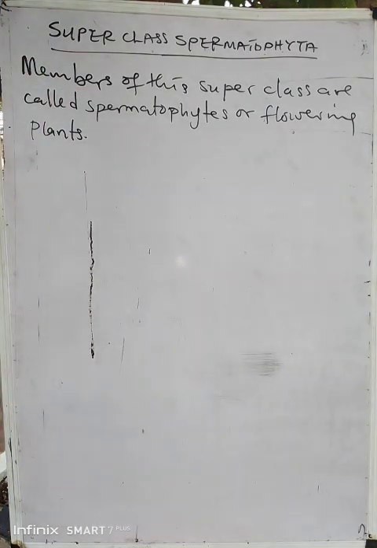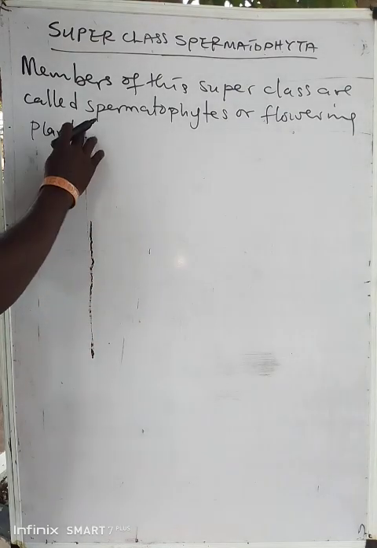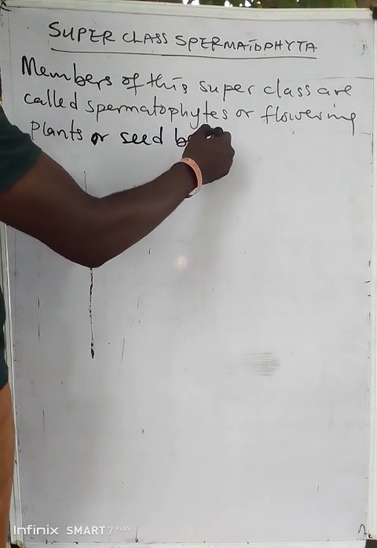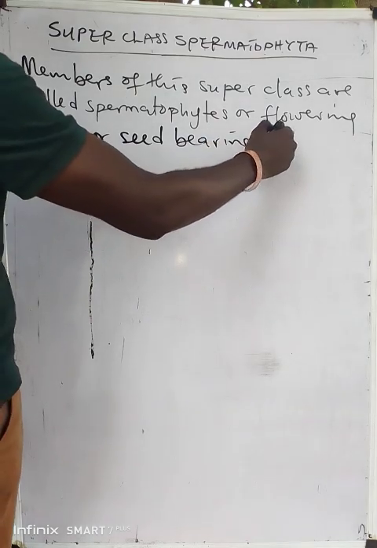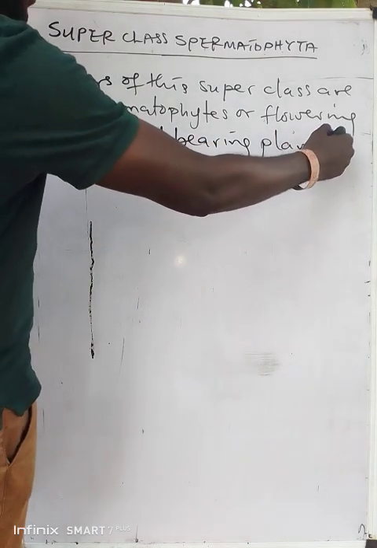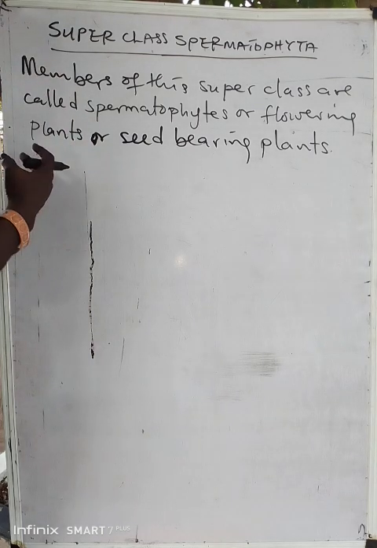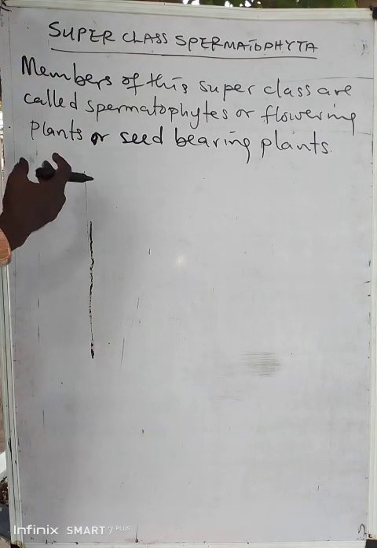Plants that reproduce sexually using their flower. They carry out pollination, and their pollen grains fertilize their egg to form their seed. So they are also known as seed-bearing plants, flowering plants, or seed plants. So now, let's look at the further classification of this superclass.